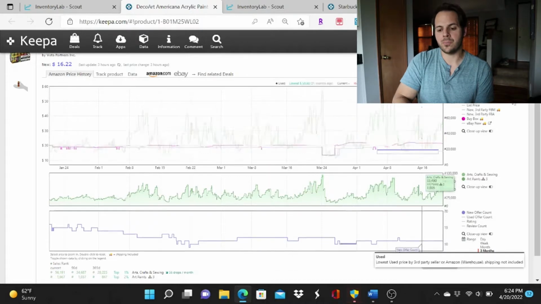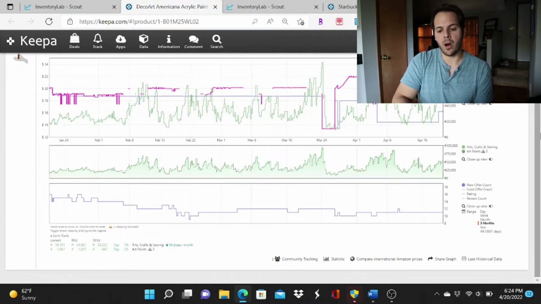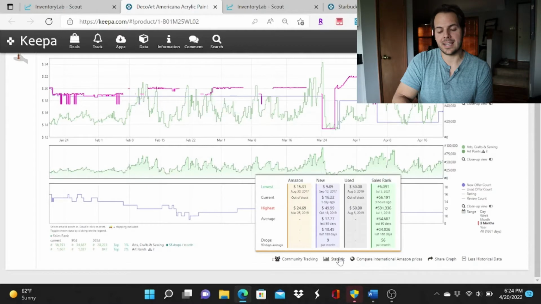What you can do is scroll down, and if you hover over the statistic tab in the lower right-hand corner, you're gonna see 56 per month, okay? That's under the sales rank column. So if you go up, you'll see sales rank. And if you look to the left, drops 90-day average, 56 per month.